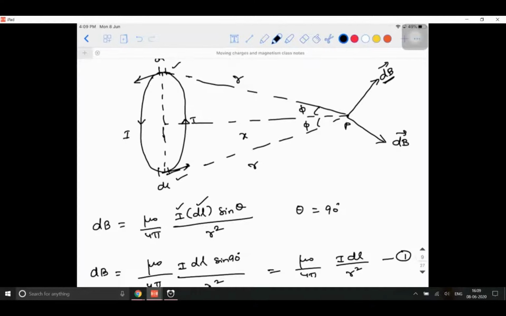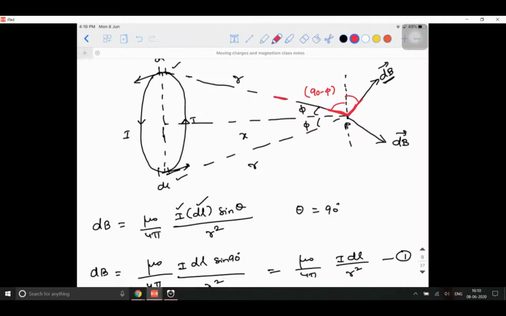Now observe clearly, I'm drawing a perpendicular here. If this angle is phi, then how much will this angle be? It is going to be 90 minus phi. Remember, the r vector and dB vector are again perpendicular. R vector and dB vector are perpendicular to each other.